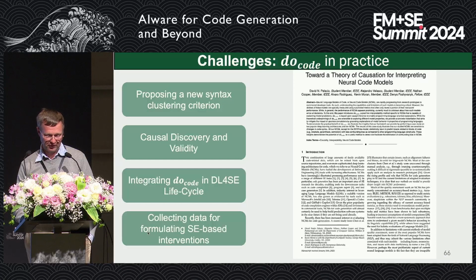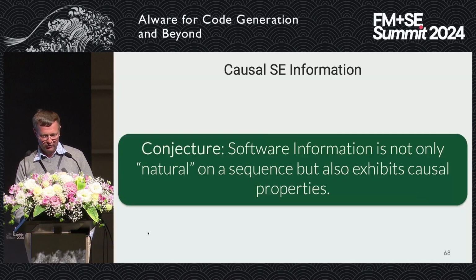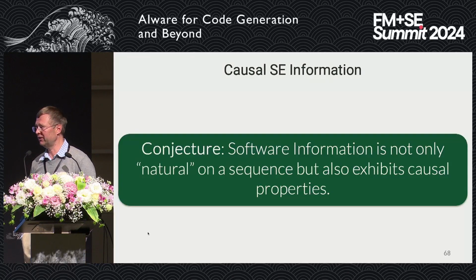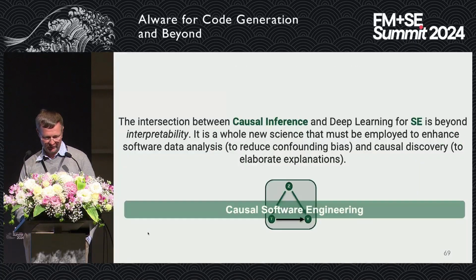So one thought that I wanted to leave you with is you've heard a lot about naturalness of software, right? It became a very popular term. But I want to leave you with the thought that software information is not only natural on the sequence, but also exhibits causal properties.